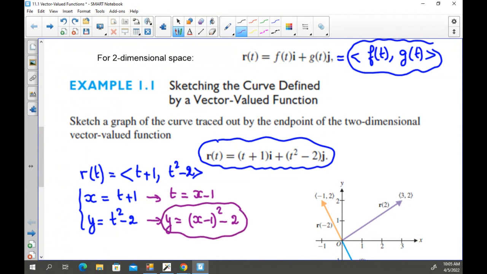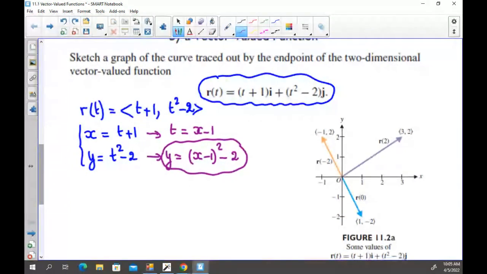Now, this, I know what graph this is. What is this graph? y equals (x minus 1) squared minus 2. It's a parabola. Exactly. This is a parabola. What is the vertex of this parabola? (1, minus 2). Very good. Okay, great. So this is a parabola where the vertex is the point (1, minus 2).